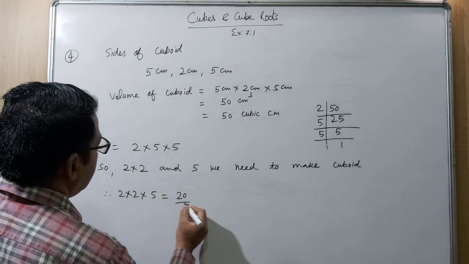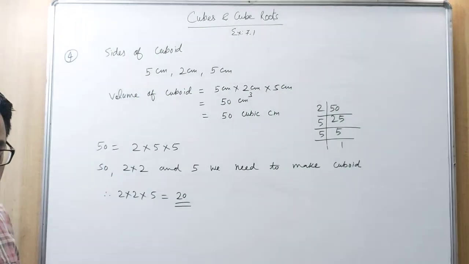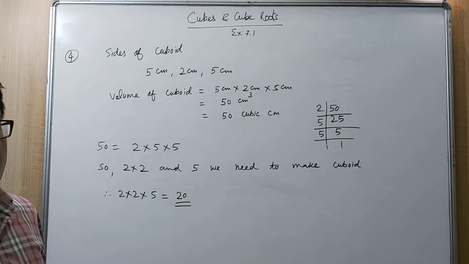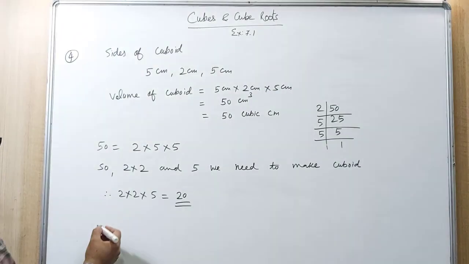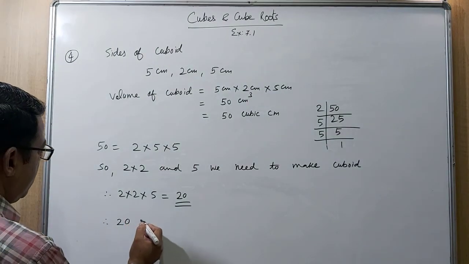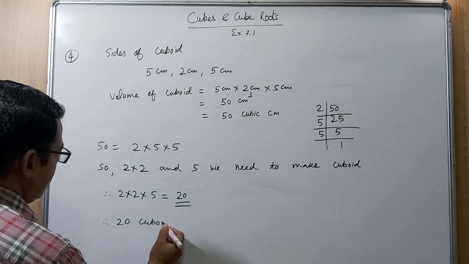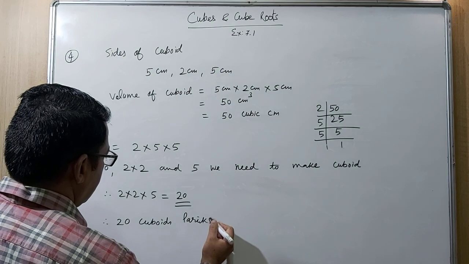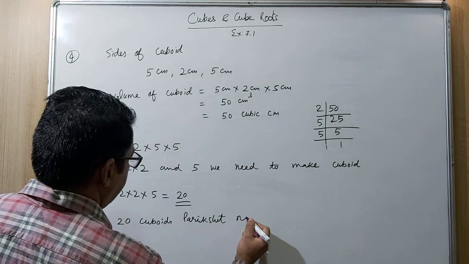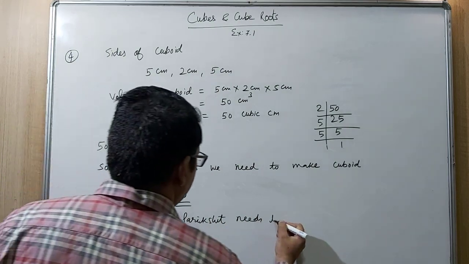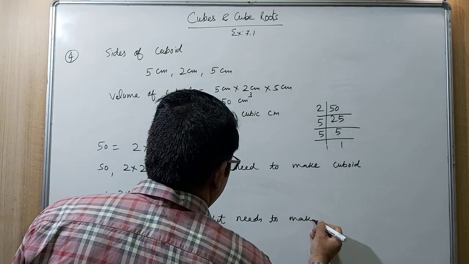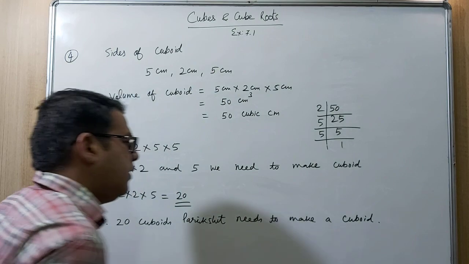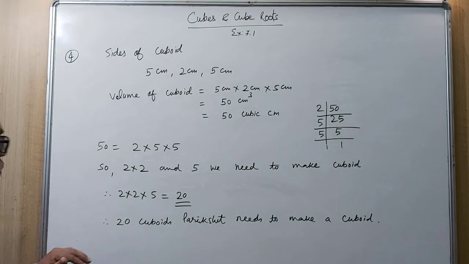It means 20 more cuboids we need. Hope you understand. Therefore, 20 cuboids Parikshit needs to make a cube. Right? So he needs 20 cuboids.